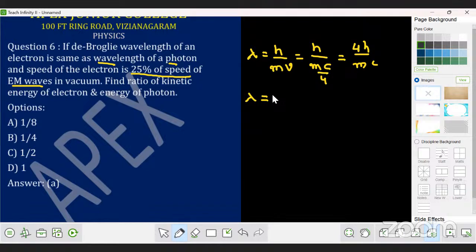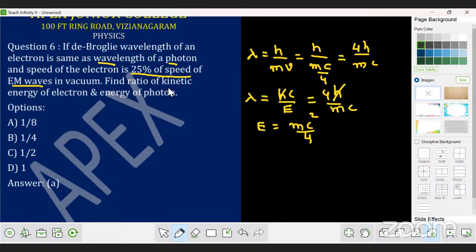For any photon, lambda equal to hc by energy. Both these wavelengths are given same, so you can write 4h by mc equal to hc by E. And of course, h and h will get cancelled. By taking cross multiplication, you will get E equal to mc square by 4. That is the energy of photon.